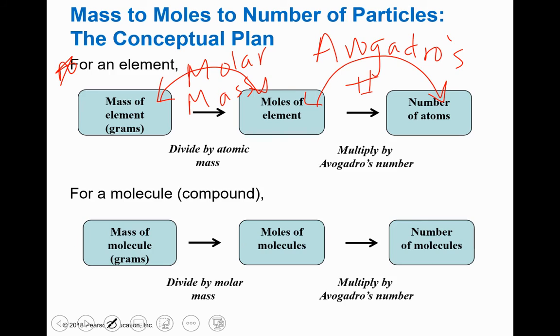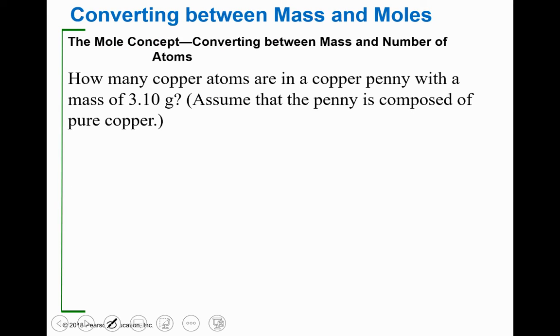Okay, so let's look at an example. How many copper atoms are in a copper penny that has a mass of 3.1 grams? So I'm given a copper penny that weighs 3.1 grams, and I want to know how many atoms that is. So I can't go directly from grams to atoms, right?